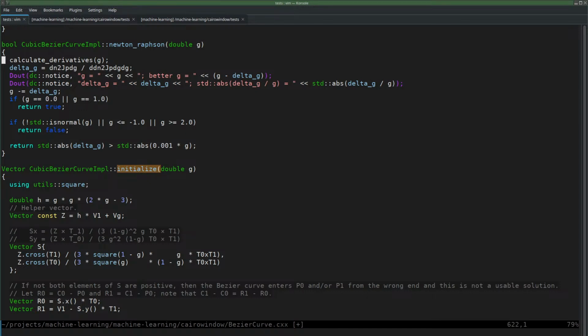Yeah, and then this function has to go. We can just incorporate it in the other one that is calling it.